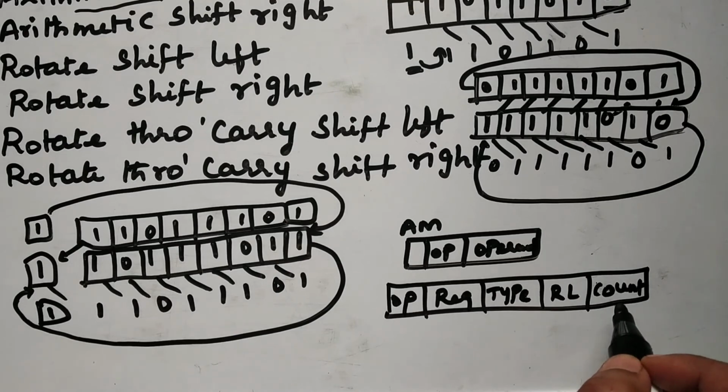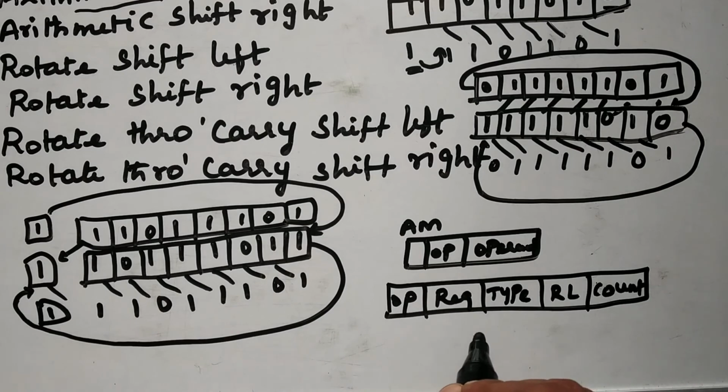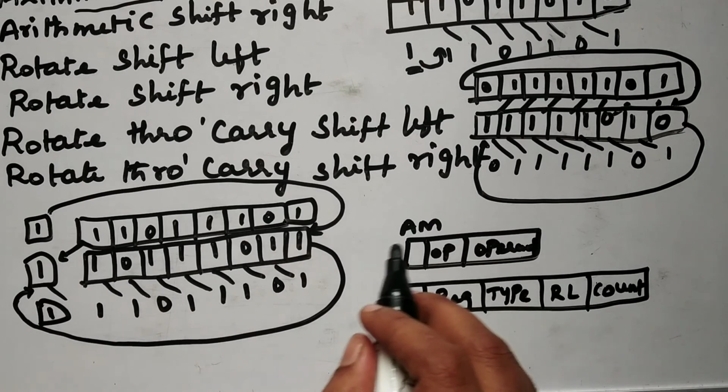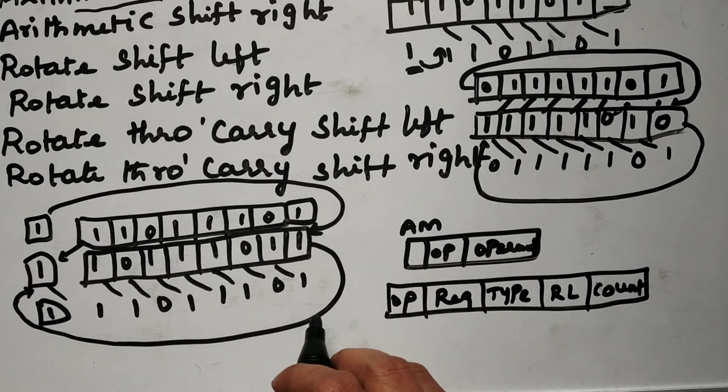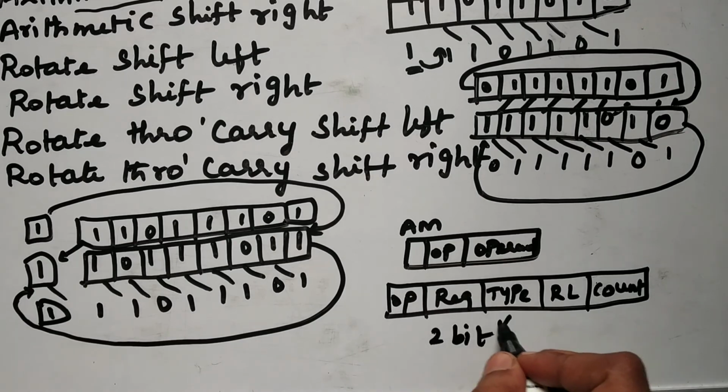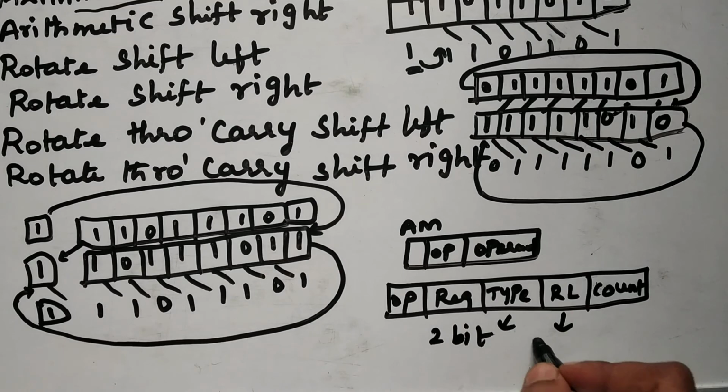Since the instruction format has a field for the register address, the input data is fetched only from the register. Even if it is present in a memory location, we need to transfer it to the register before performing the shift instruction.